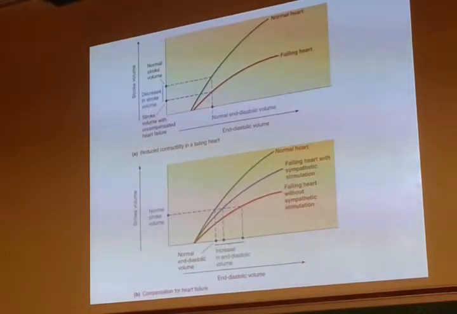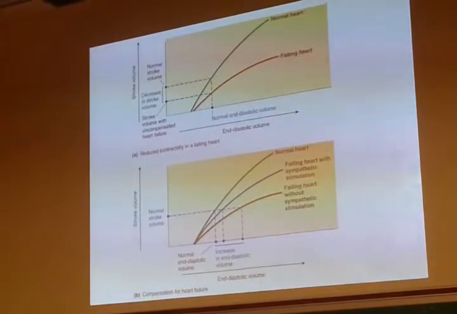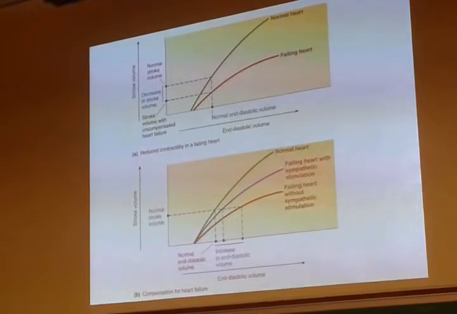But say the sinoatrial node is fine, and you just lost half your stroke volume, your cardiac output is dropping by that 50% on this side of the equation.